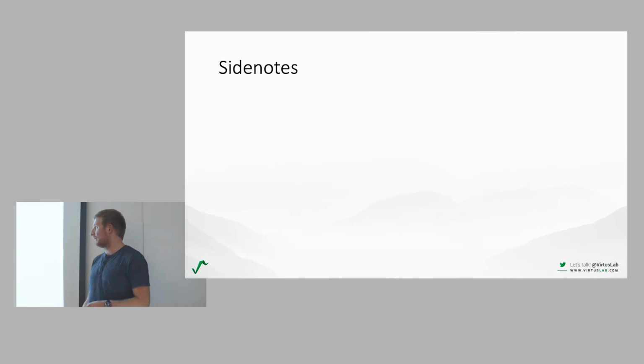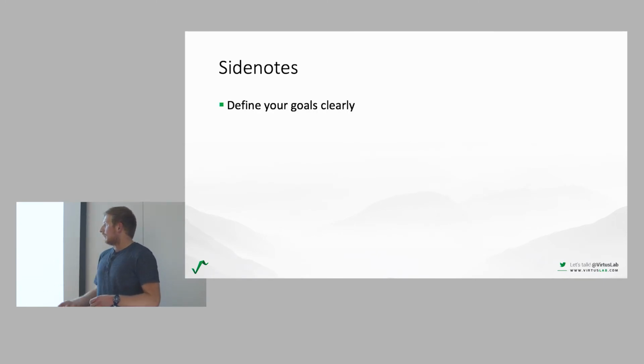Okay, some side notes here. Please define your goals clearly, because it helps with defining your schemas and outputs, and it's much easier to enrich the schema later than to strip unused properties out of it.